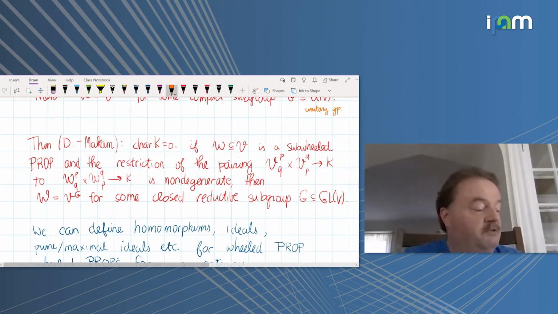If we restrict it to this subwheeled prop, and that is non-degenerate for all P and Q, then the subwheeled prop is again taking the G-invariant tensors, where G is now a closed reductive subgroup of GL(V).